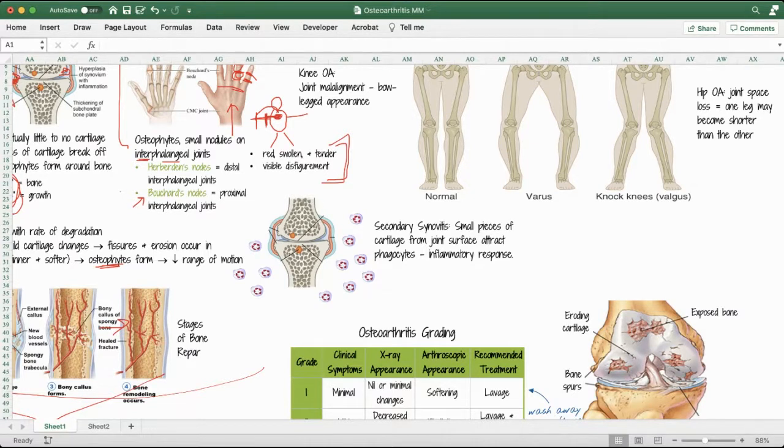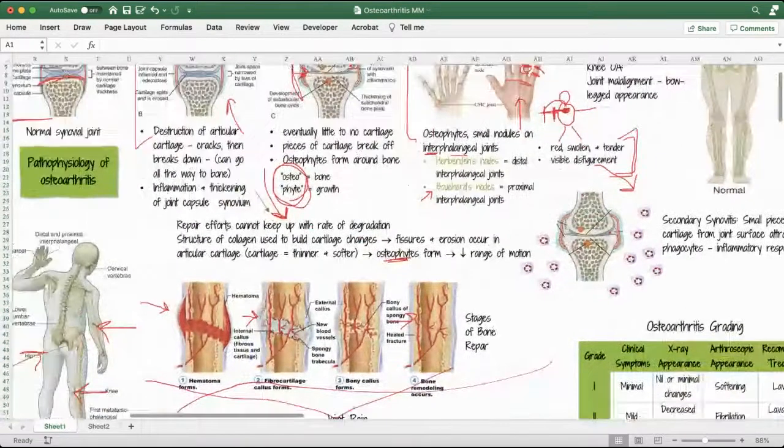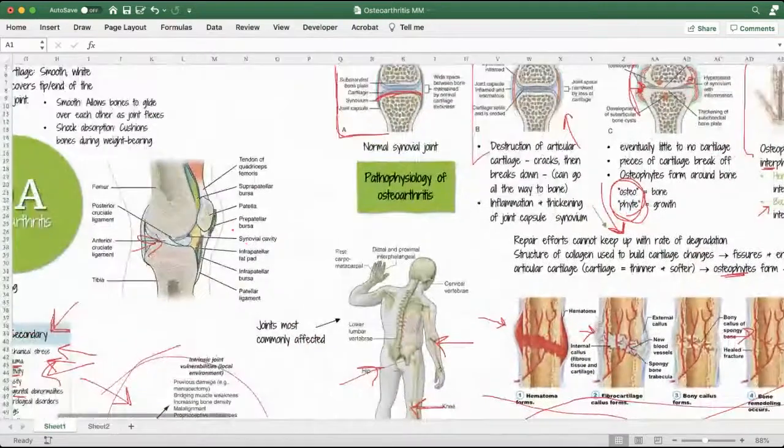One of the ways your body is going to respond, especially to those little pieces of cartilage that are breaking off in your synovial cavity. You remember that if we look over here, you've got bone and bone.